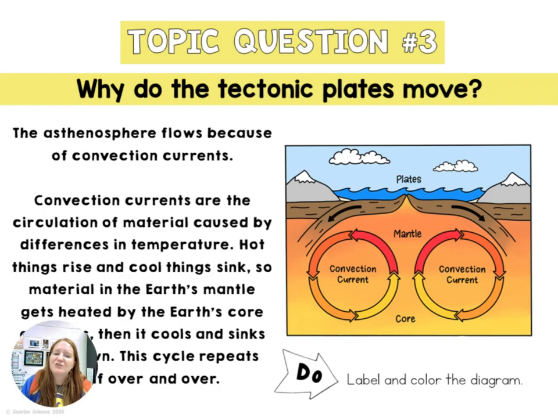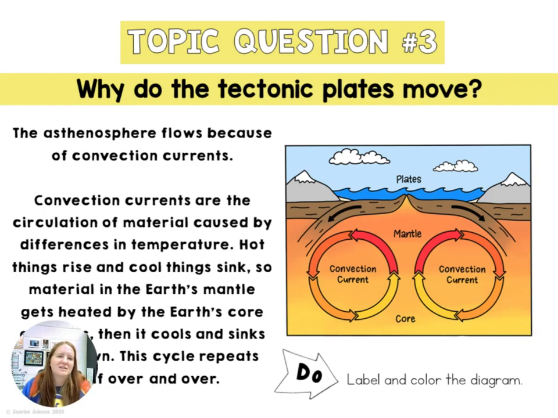So the asthenosphere flows, and why on earth is the asthenosphere even moving at all? That's because the asthenosphere is moving due to convection currents. Convection currents are the circulation of material caused by differences in temperature.